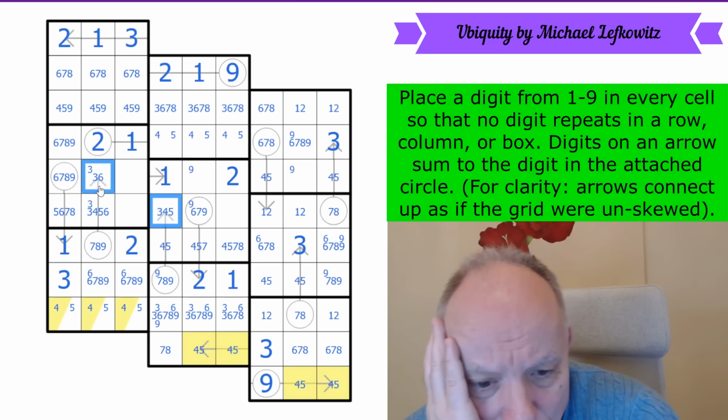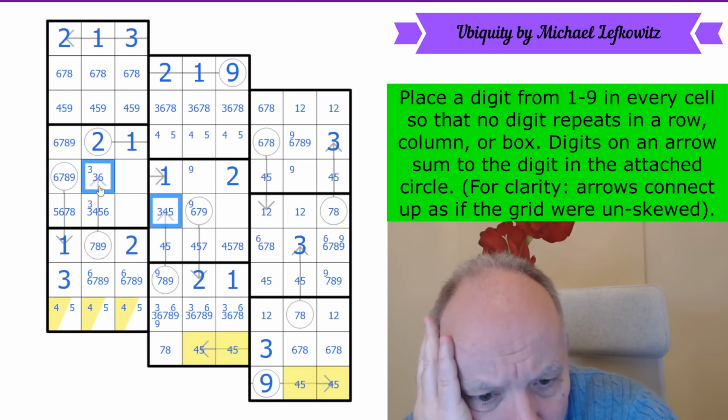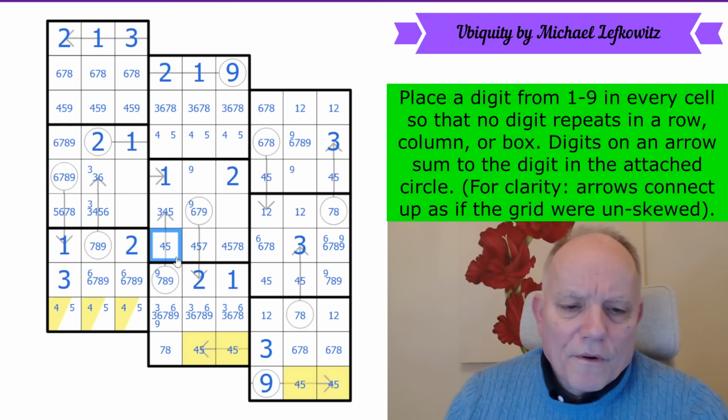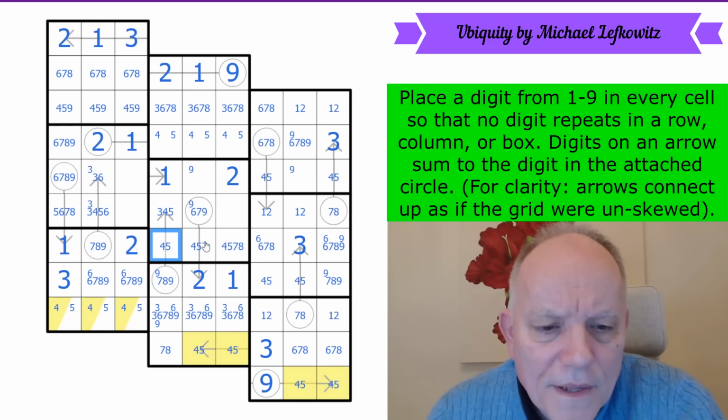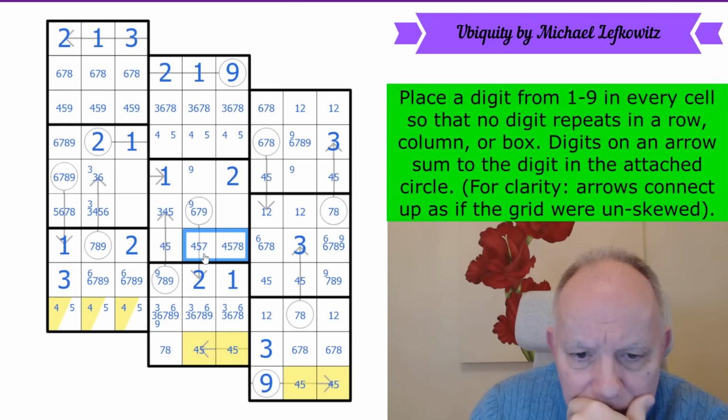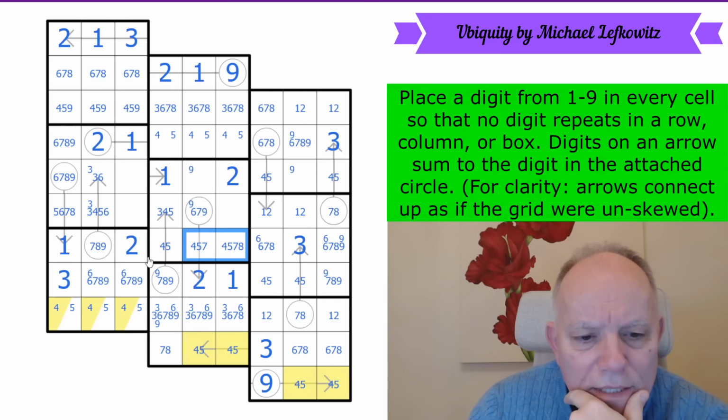I can't quite move on. That is one digit from 4 and 5. And there is another one in these cells. In this row, that has to be the case.